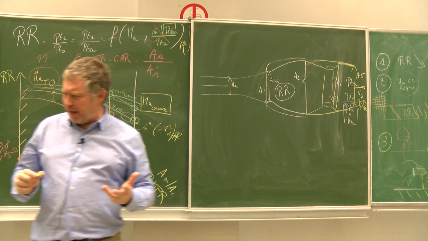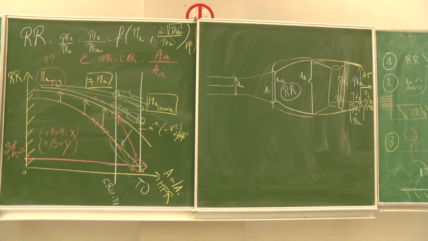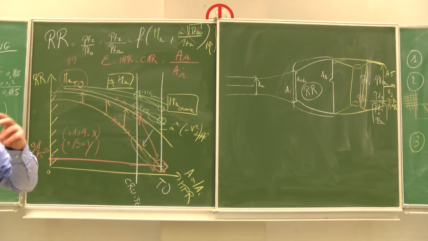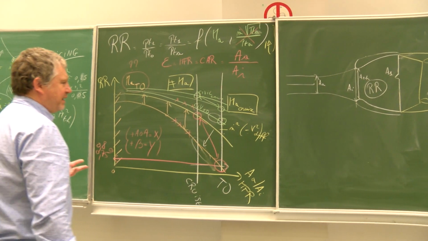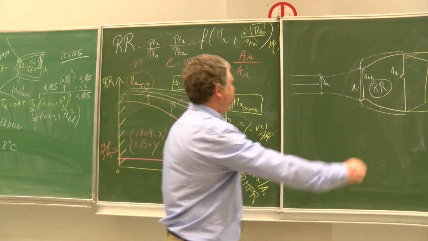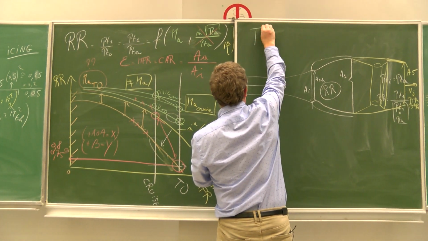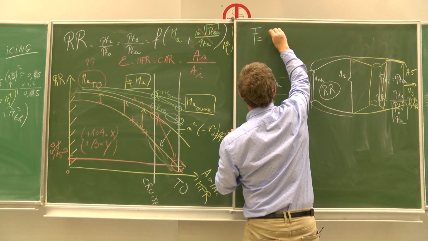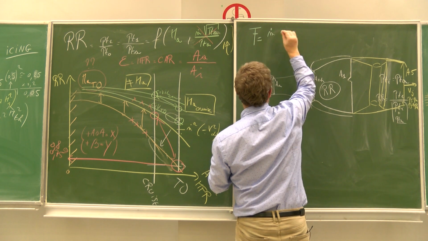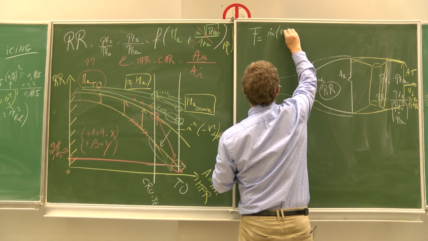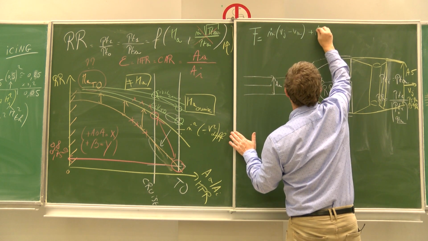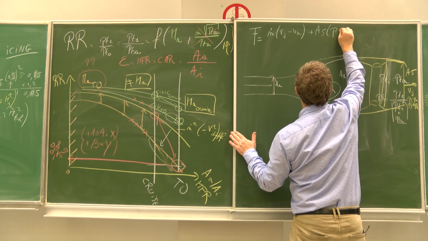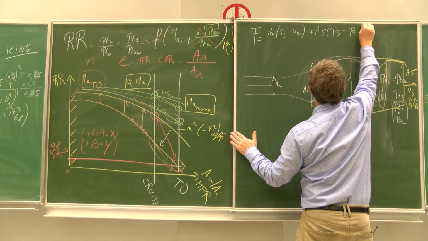You remember that I gave you, without demonstrating it, the equation of the thrust: F is equal to m dot multiplied by V jet minus VA, plus A5 multiplied by P5 minus PA.